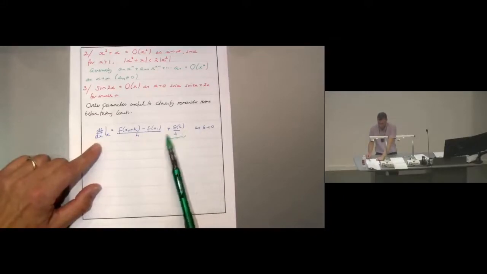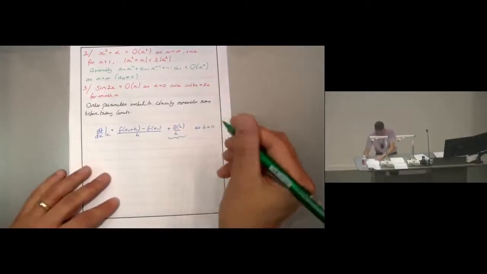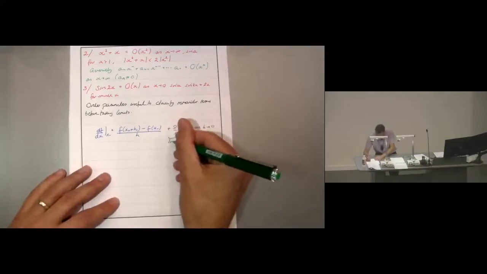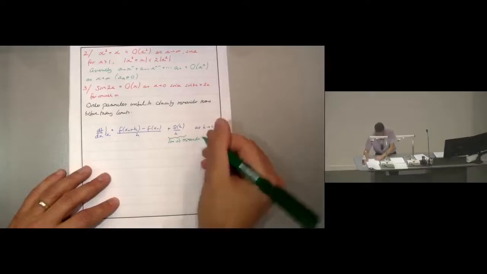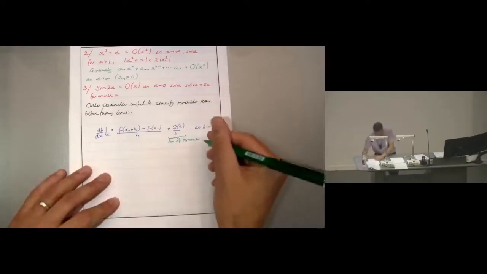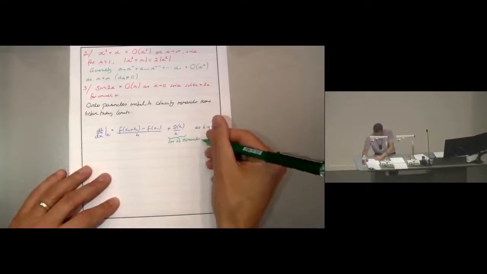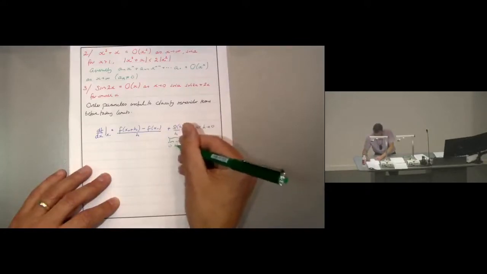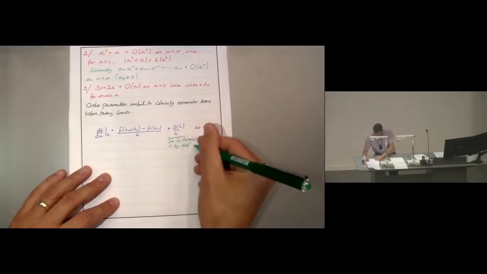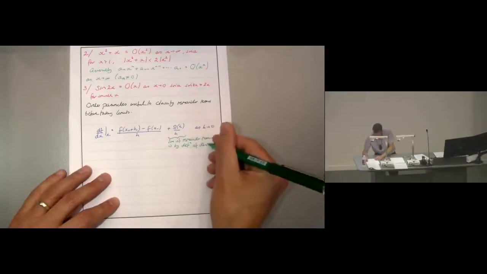So because we're dividing by h, it must go to 0 faster than h for the limit to vanish. So it must be little o of h. So the limit of the remainder term is 0, just by the definition of the derivative.